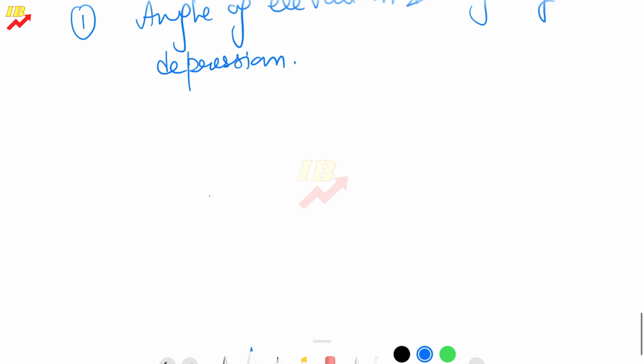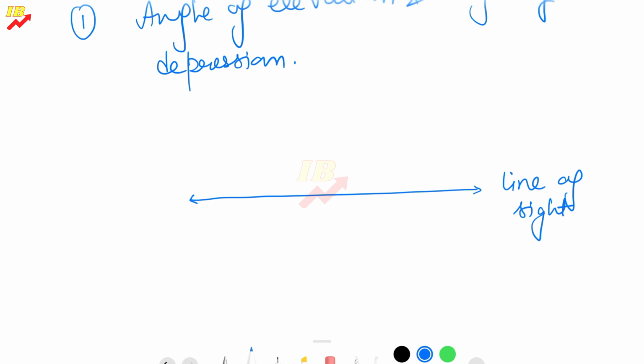Firstly, we'll take one line of sight. I'm calling this the line of sight. So if I'm seeing something in the sky from here, suppose an observer is lying here. Observer could be anybody. We are just taking a simple example.